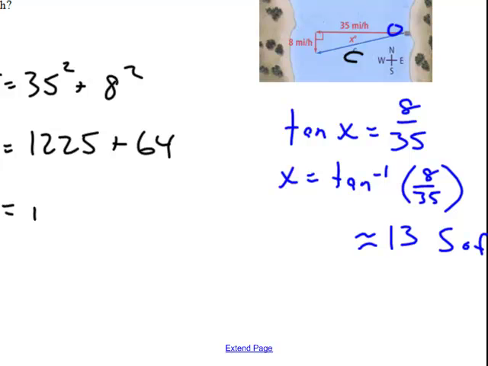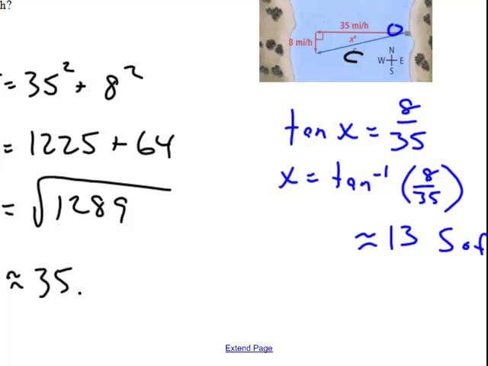C therefore must be equal to the square root of 1289, and they wanted it in miles per hour to the nearest thousandth. C would be approximately equal to 35.903 miles per hour.